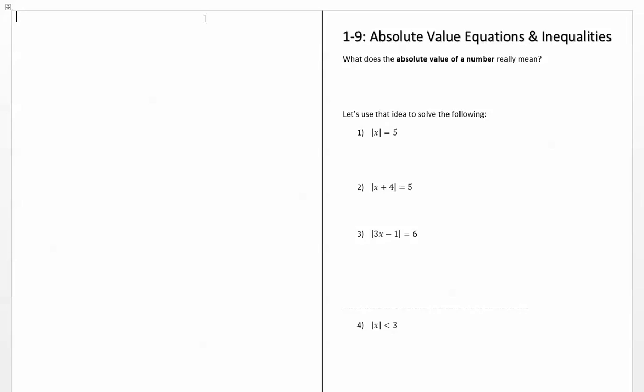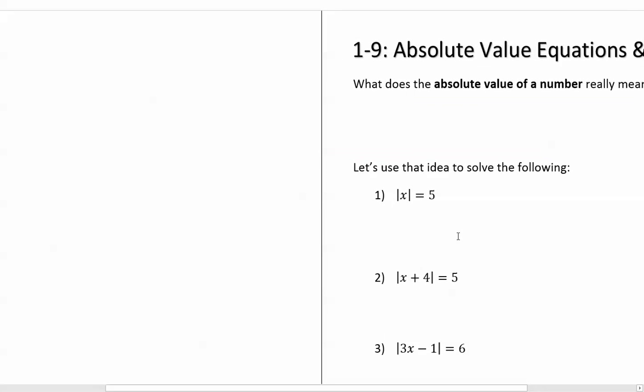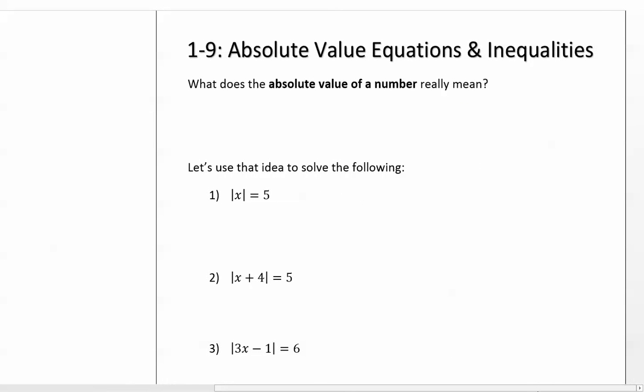Alright, so let's get started. So the first thing I want to do is remind you guys what an absolute value is. So what does the absolute value of a number really mean? Okay, well, recall if we have the absolute value of a number like -2, then that is +2.